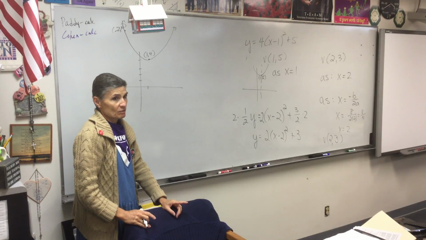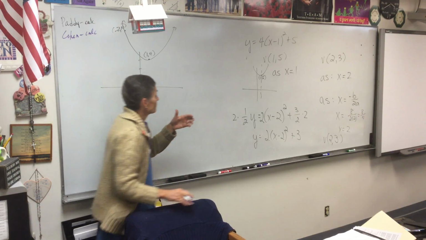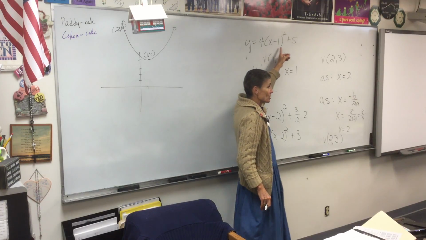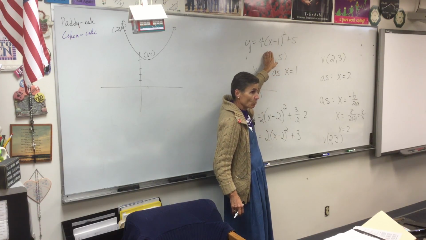All right, now think about this for a minute. You know the vertex. Think backwards. Remember when you had this equation? You could tell the vertex from that equation, right?